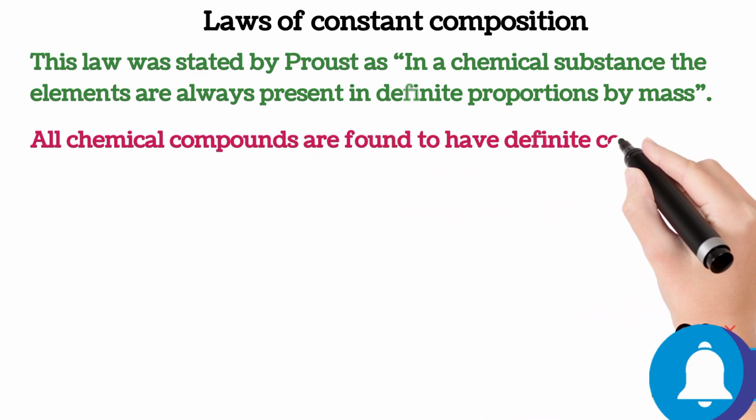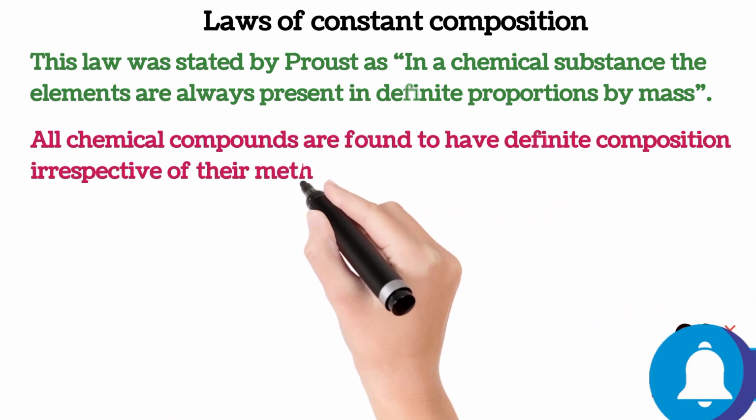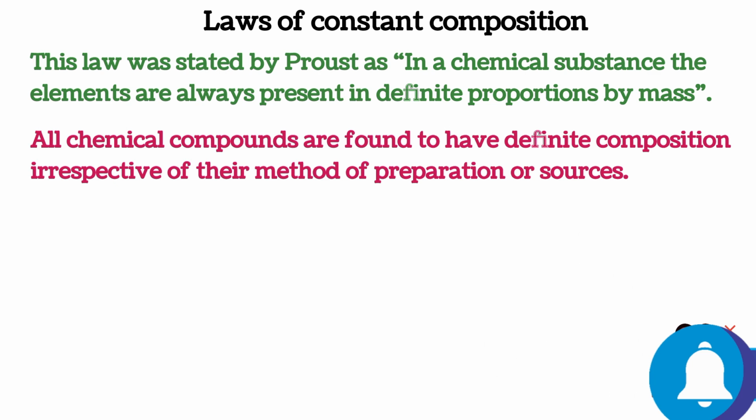Or you can say that all chemical compounds are found to have definite composition irrespective of their method of preparation or sources. For example, water is made up of hydrogen and oxygen in a mass ratio of 1:8.